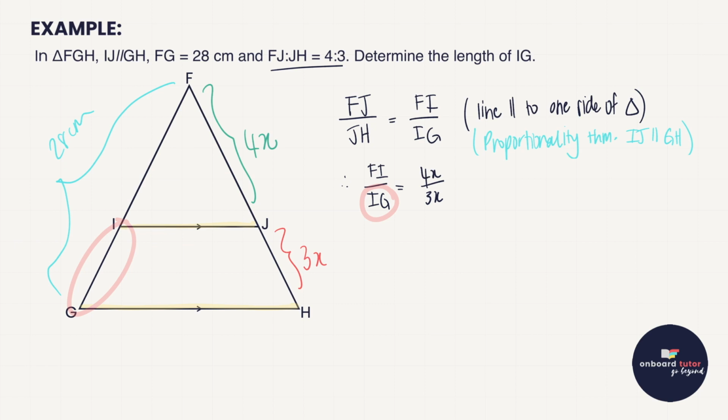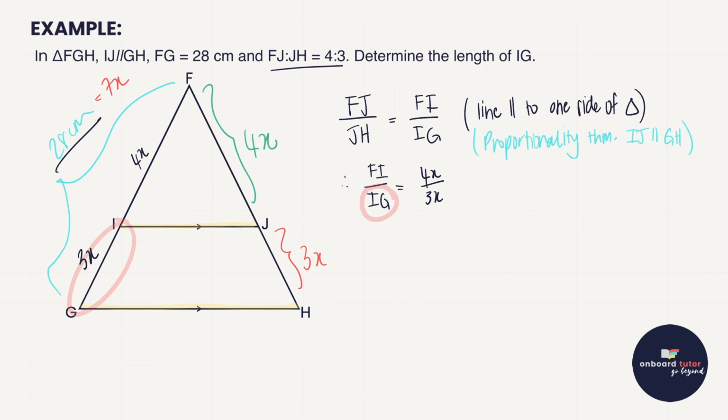However you want to work it out, you are so welcome to do that. But basically, if this is divided here into sections, then I want the overall thing. I want to link it to this 28 that I'm dealing with. So I've got 4x and I've got 3x, and then in total, that's going to give me a full 7x. There is my 28 centimeters.